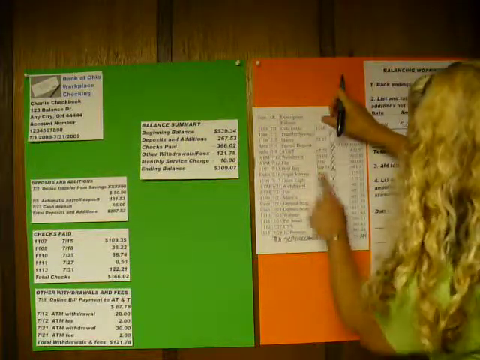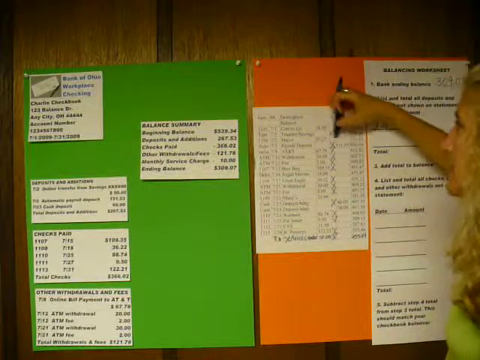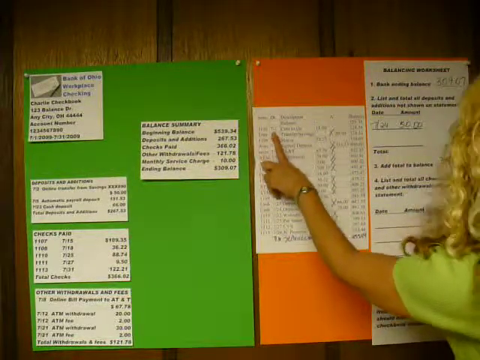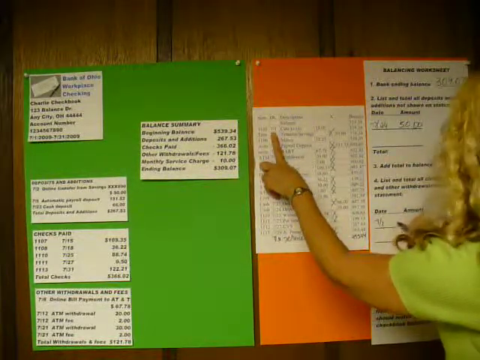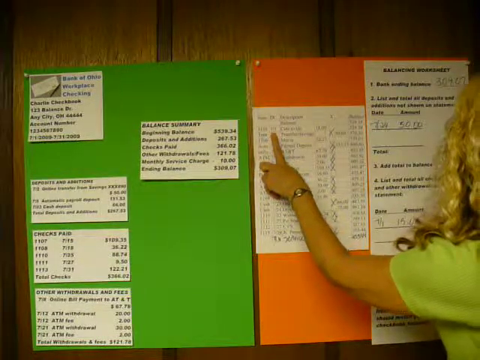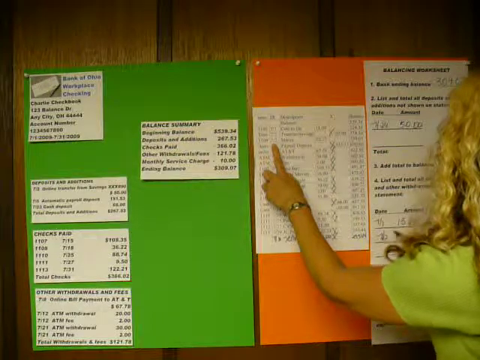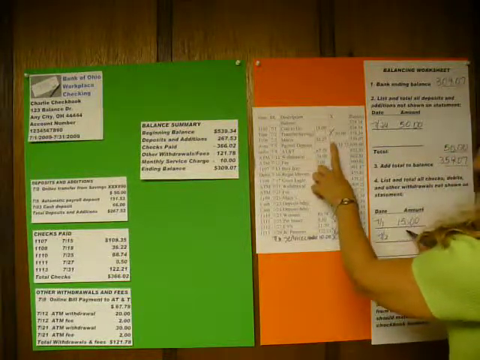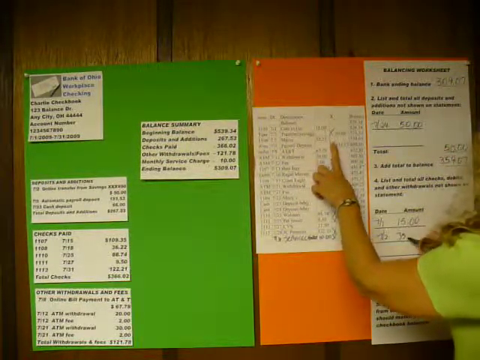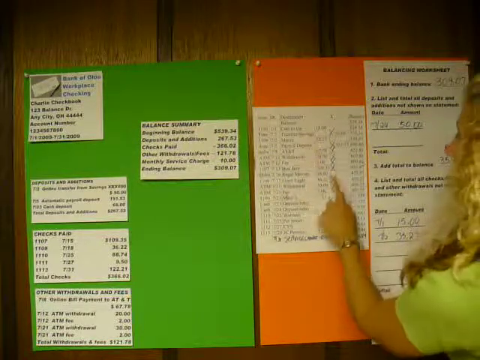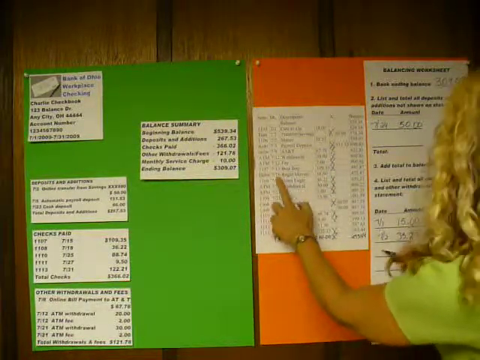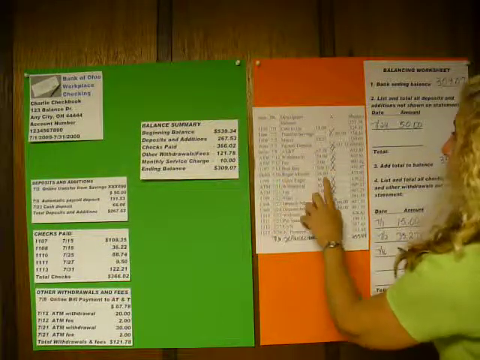Next part, I'm going to list in total all checks, debits, and other withdrawals. So I'm going to look in the minus column now, and anything that's not checked off, I'm going to list here. This first check, 7/1, for $15 is not checked off. 7/2, oh look, it's marked. They didn't deposit that one yet. $35.27. Down here, 7/16 for $16.